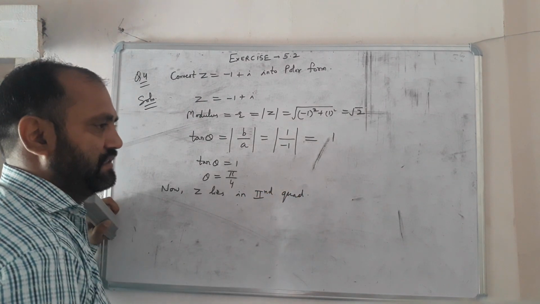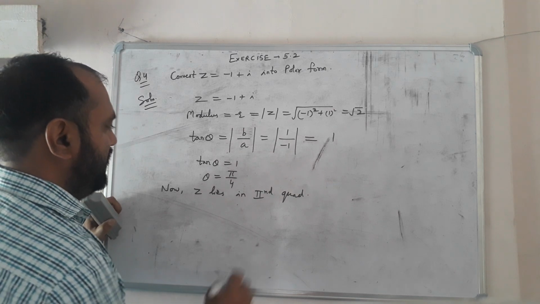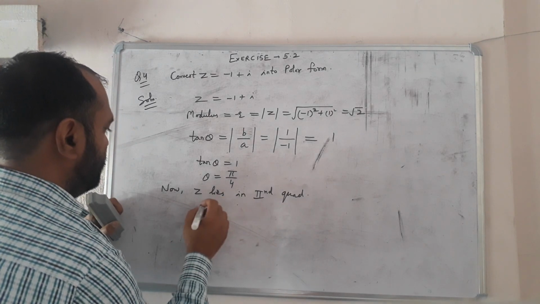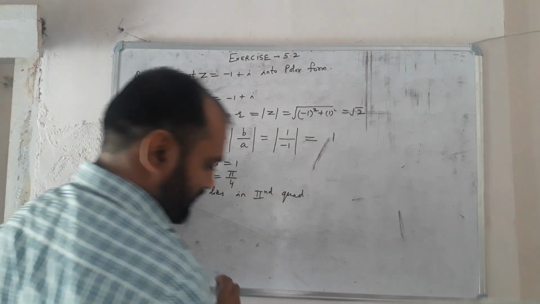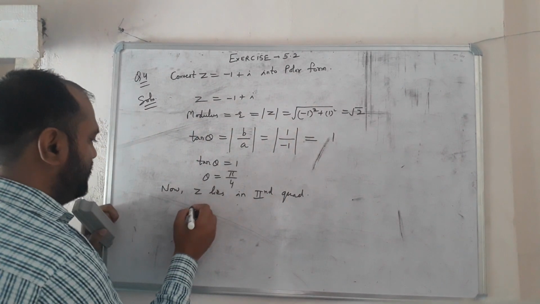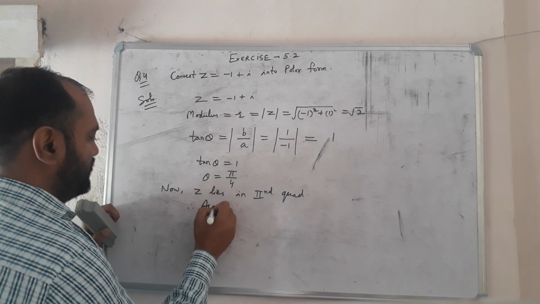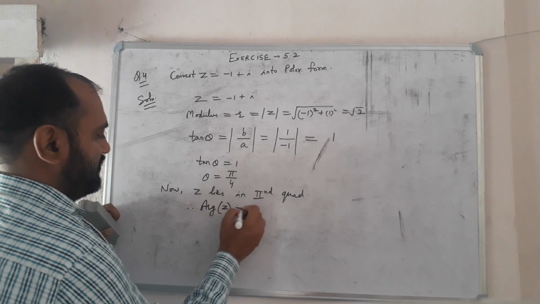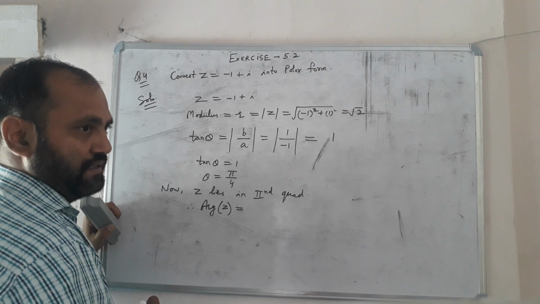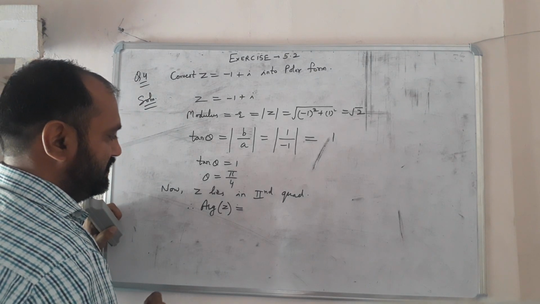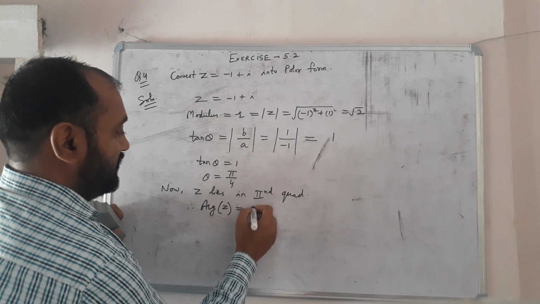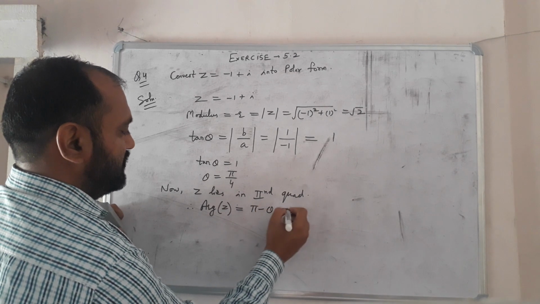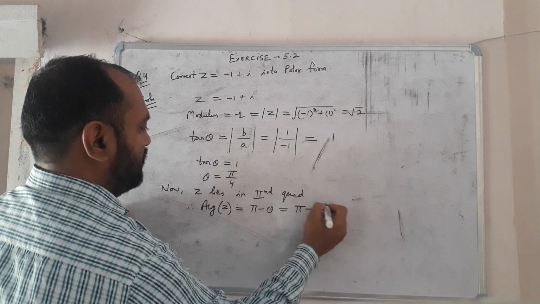If it lies in the second quadrant, then the argument of z is pi minus theta, that is pi minus pi by 4.